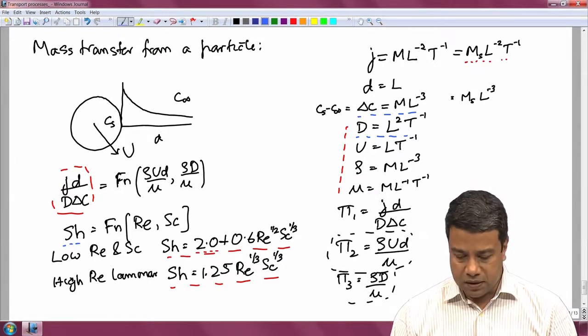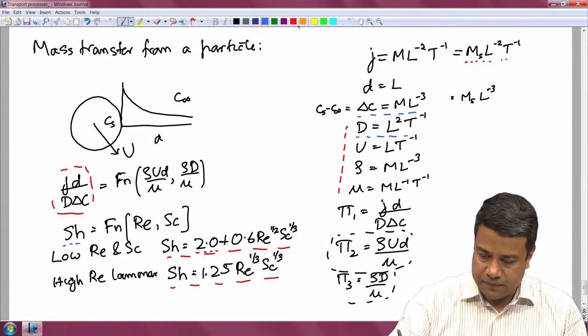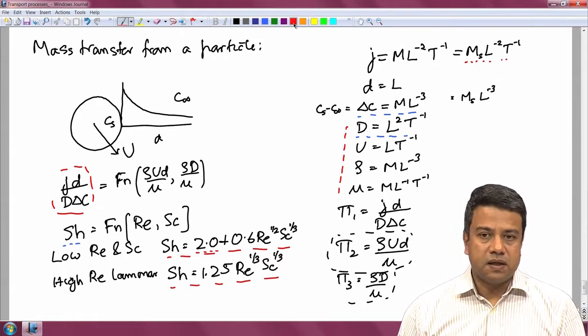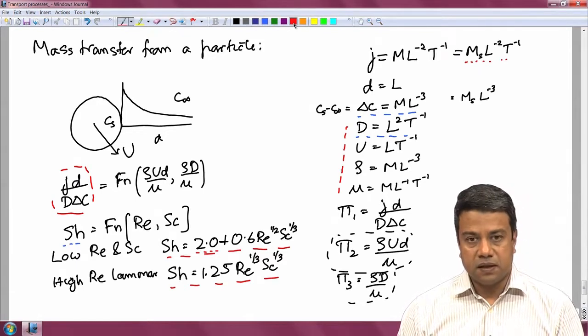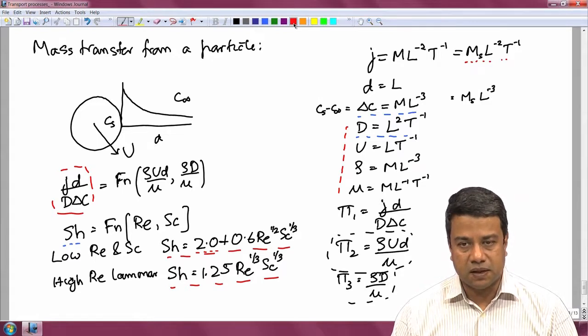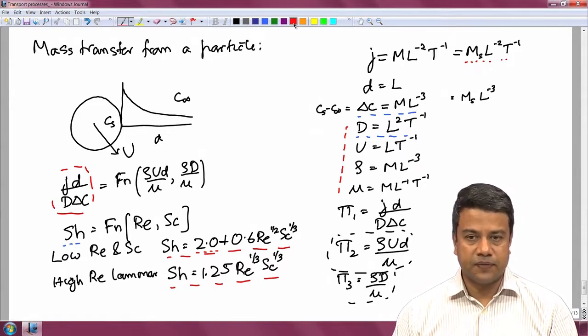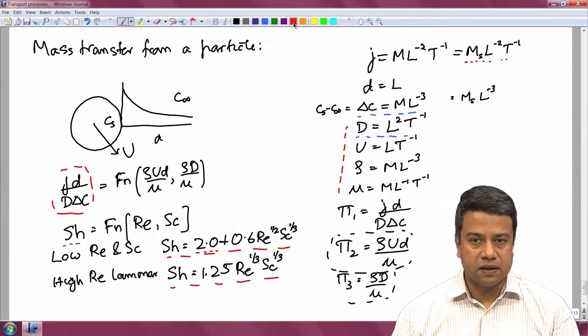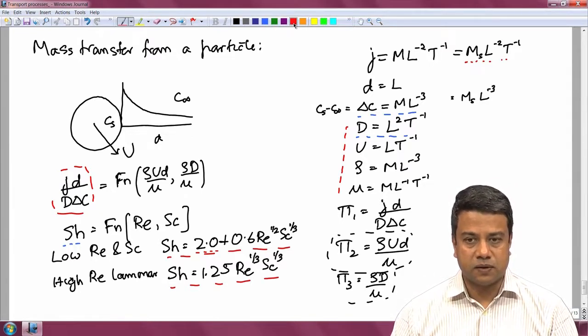Now, I should note here that there are analogies between heat and mass transfer. If you recall, when we talked about the drying of a droplet in a spray dryer, we said that the latent heat required has to go in and the moisture has to come out.